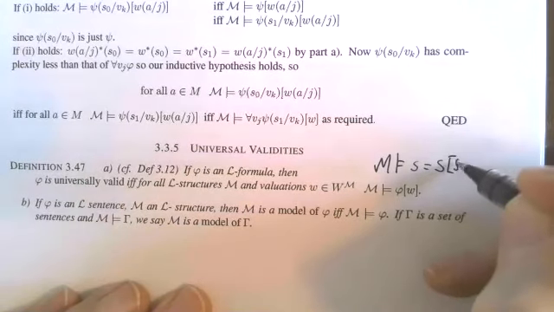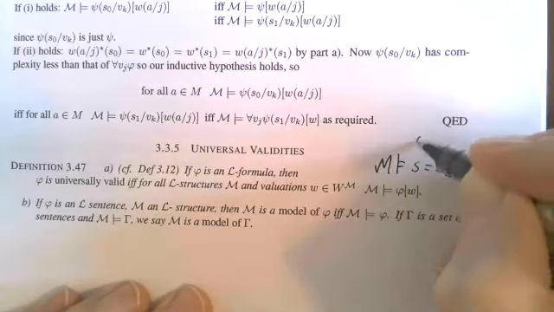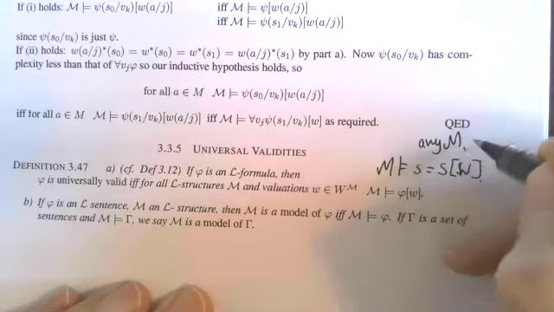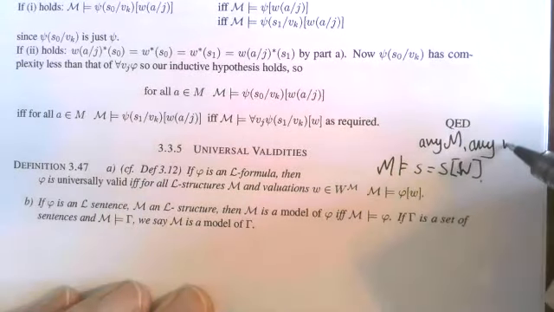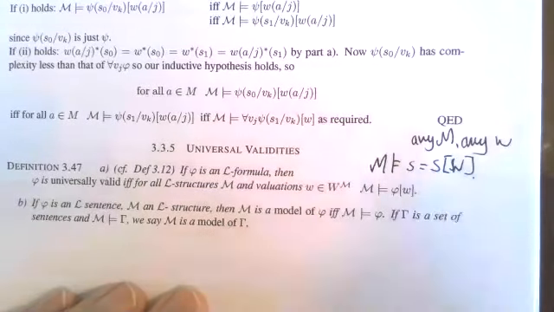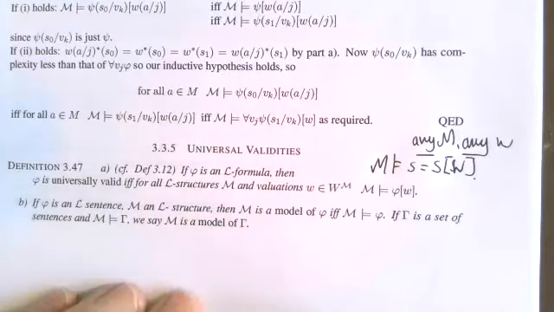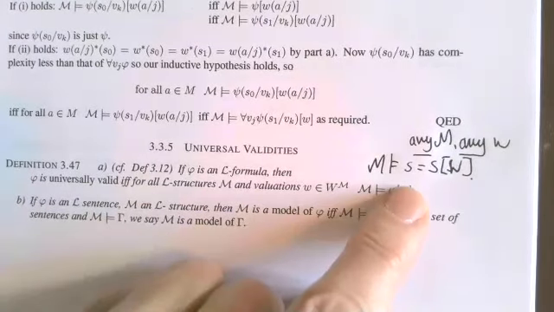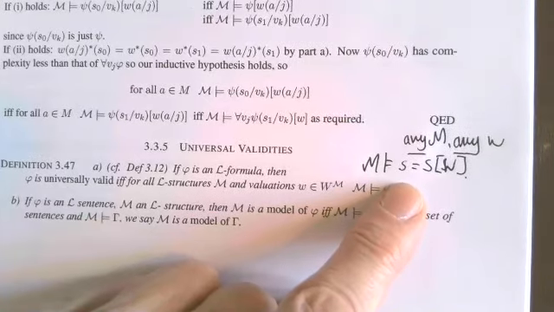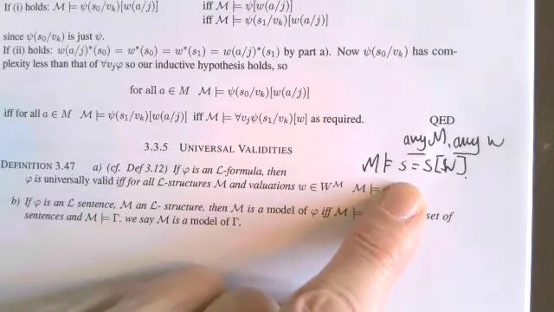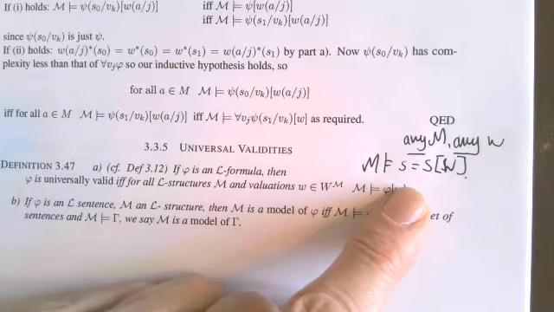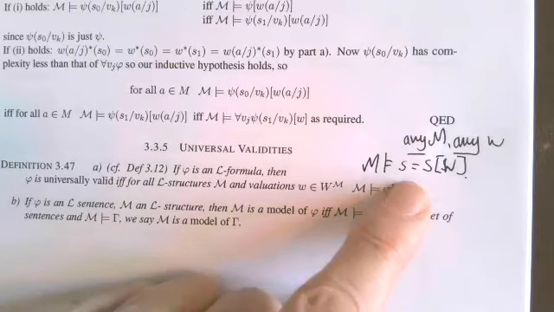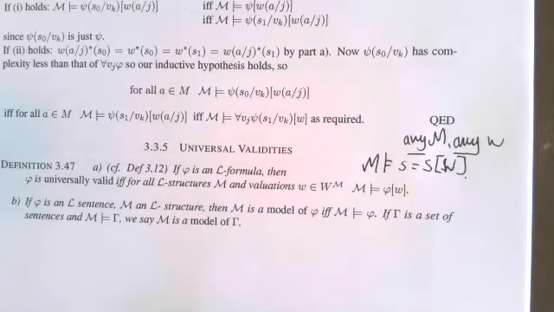This is always going to be true for any M and any W. So a universal validity is just always true by the nature of its logical structure, because it's an equation with the same thing on the left and the right. This is the simplest kind of universal validity.